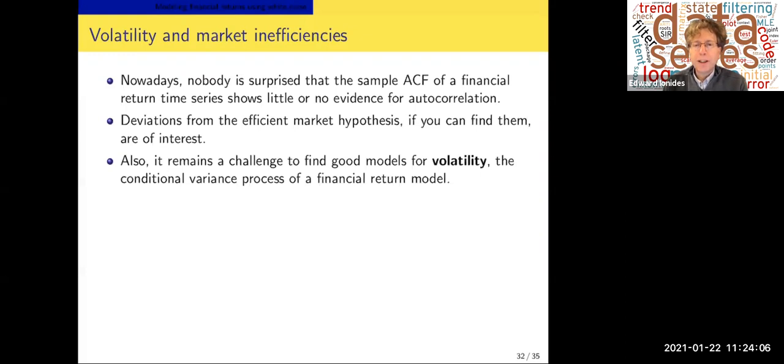Deviations from the efficient market hypothesis, if you can find them, are of interest. So if you can find a good way to predict the future of a stock index, of course that's good, but generally you can't. It remains a challenge to find good models for volatility, which is this conditional variance process of the financial returns. And so oftentimes that's a more practical and still interesting problem rather than trying to find a better predictor of the stock market.